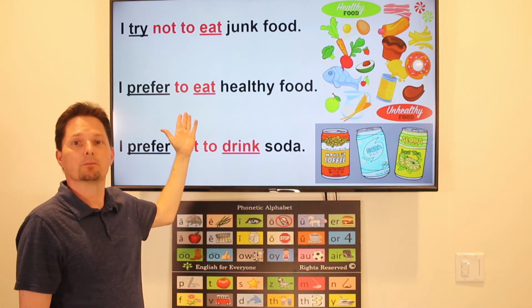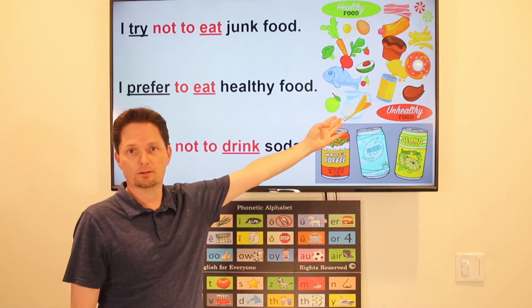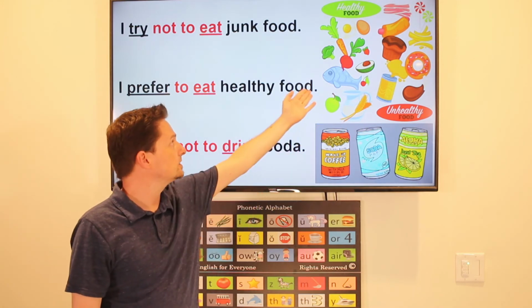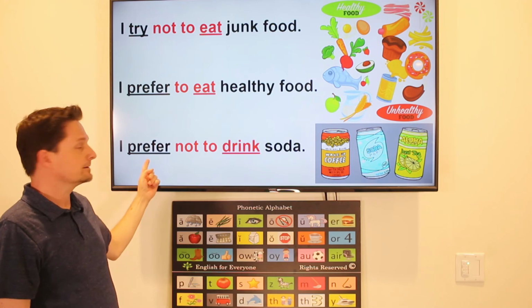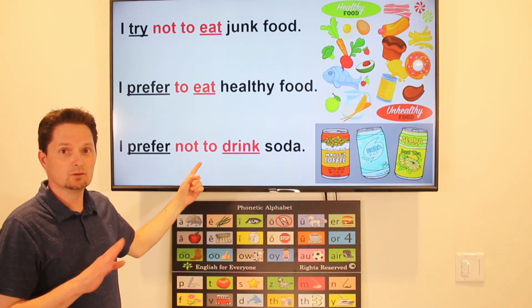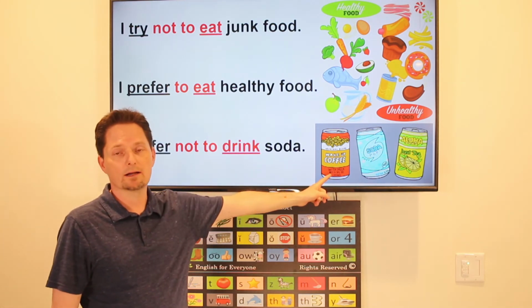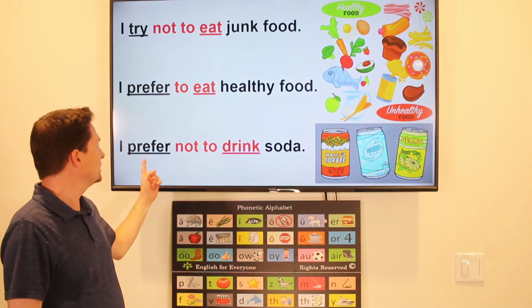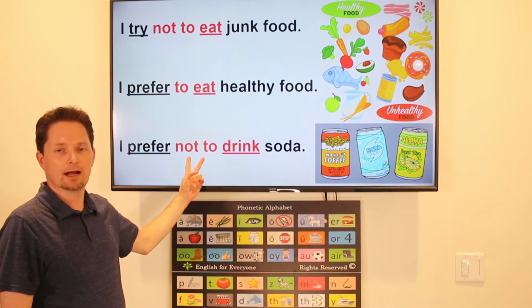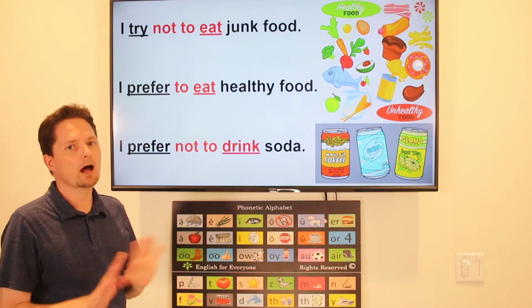Prefer. Positive: I prefer to eat healthy food. I prefer to eat fish and vegetables. Negative: I prefer not to drink soda. Remember, negative, not to. Two actions, negative, not to. I prefer not to drink soda.